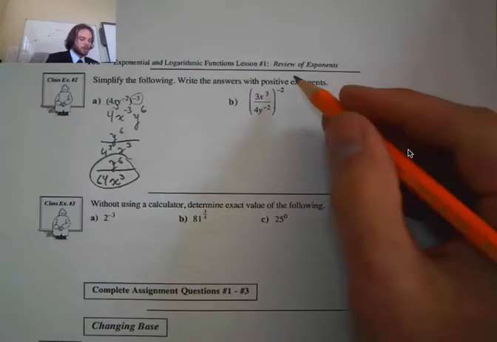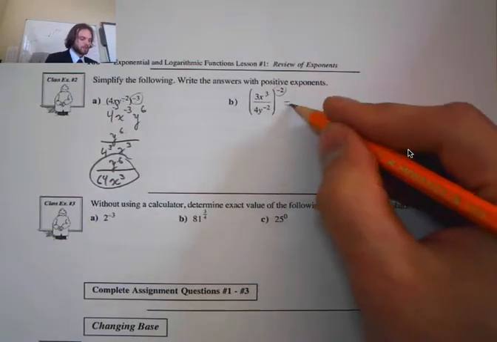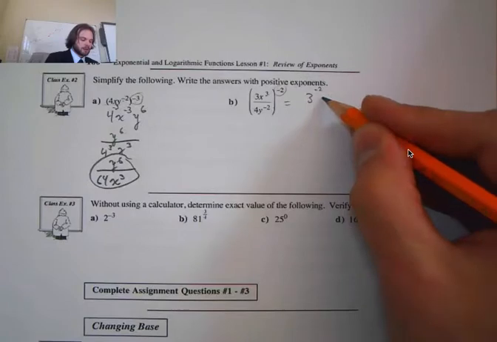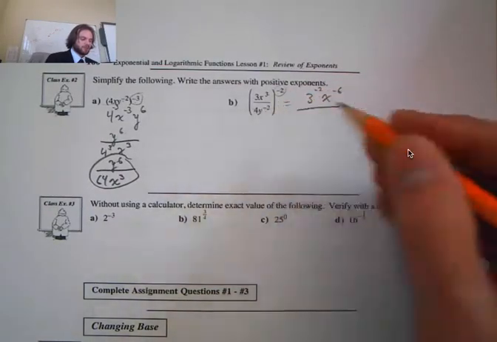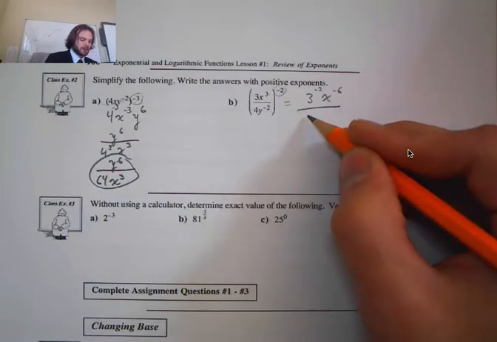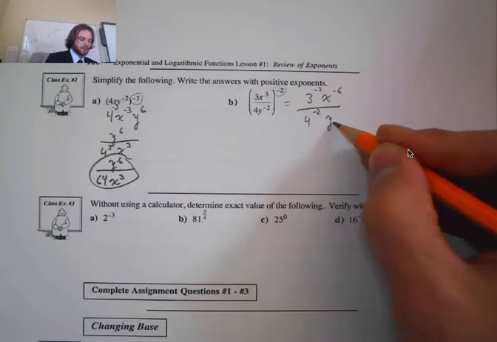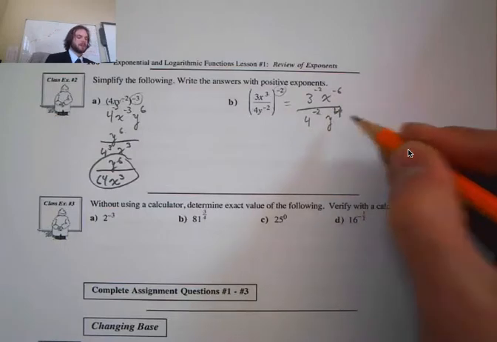Okay? Now we're going to multiply this negative 2 into everything in here. So I end up getting 3 to the negative 2, x to the negative 6, right? Now negative 2 into all of those. So I end up getting 4 to the negative 2, y to the positive 4, because that's a negative and a negative.